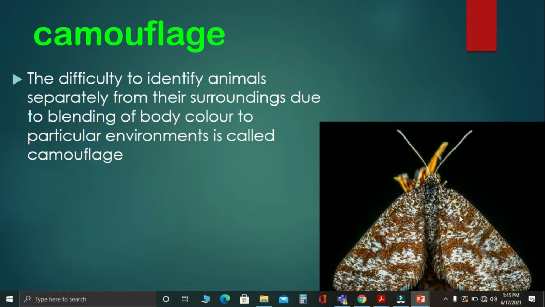These animals mostly live on the tree bark. So when these animals are on the tree bark, we cannot identify them easily by separating them from the surroundings. So it is a very good feature to protect these animals from predators.